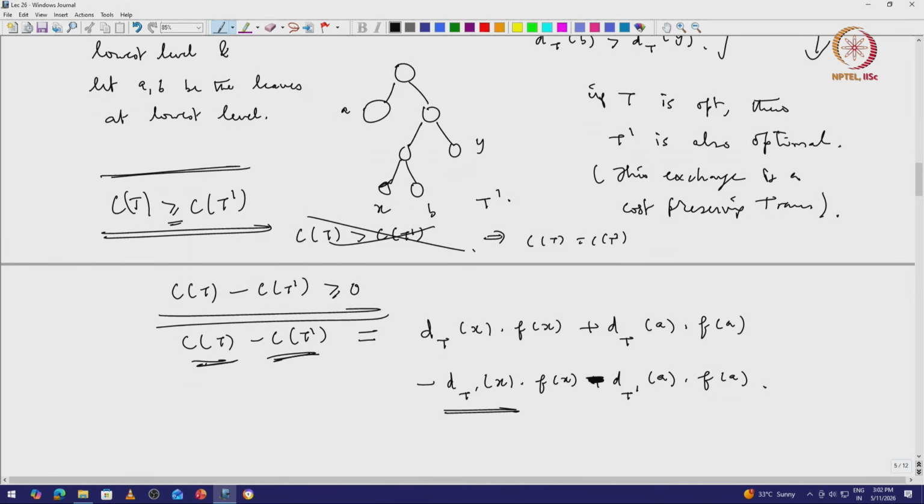This is T dash, as you can see. This is where A was located earlier.